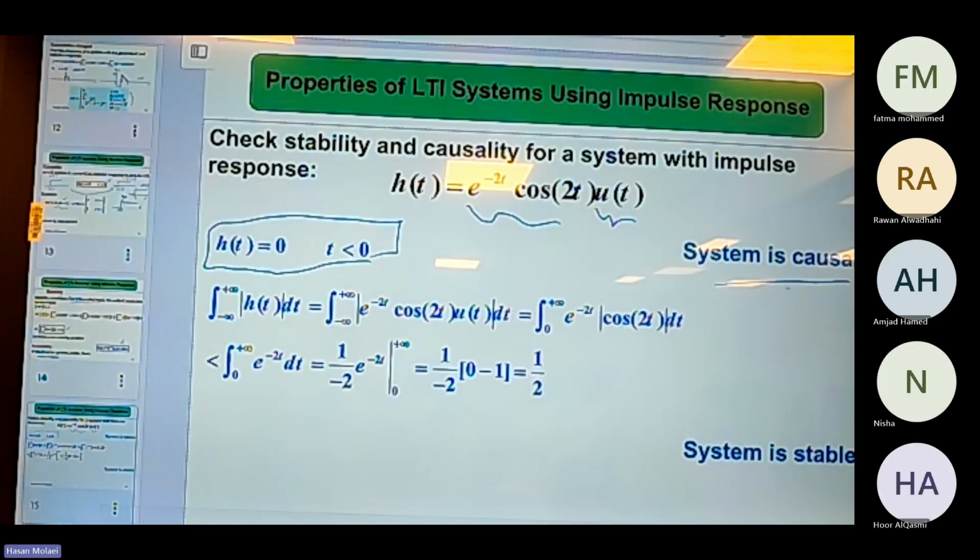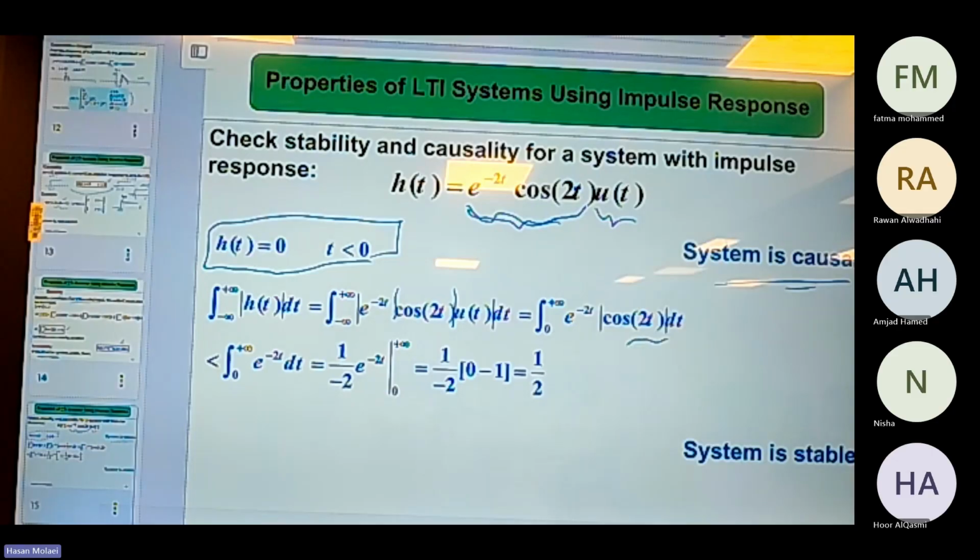So this system is causal. How about stability? I'm looking to find if the function has a limitation. What is the maximum of sine or cosine? One. The maximum is 1.